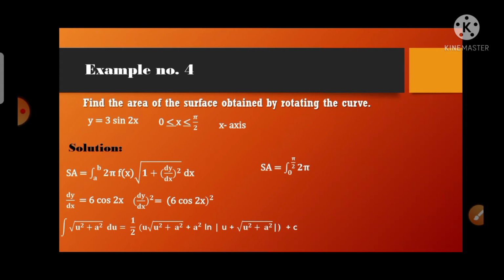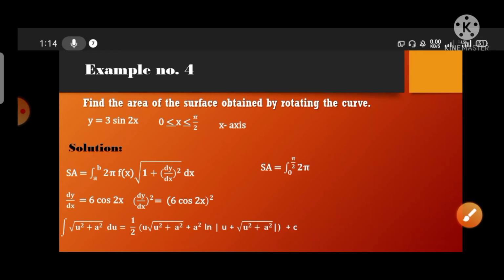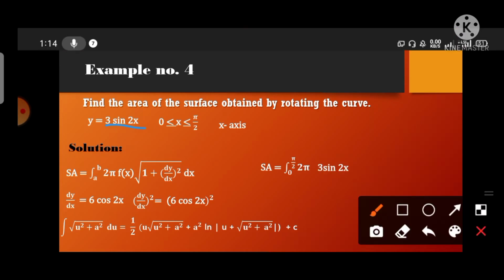So SA, or surface area, is equal to the integral from 0 to pi over 2 of 2 pi times the value of f of x.